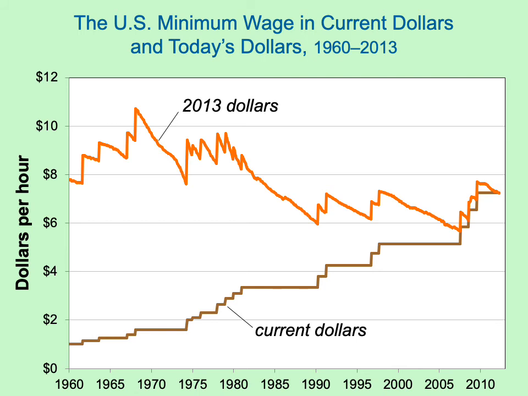But after those increases, it slowly decreases because of inflation, right? The minimum wage stays fixed for a period of time, which are these flat parts on the brown curve. During those flat parts, the real minimum wage is slowly declining because inflation is pushing prices up and cost of living is going up while the minimum wage stays the same.